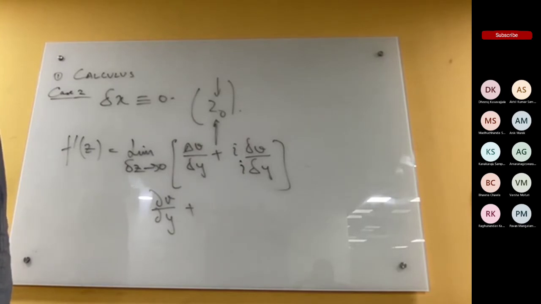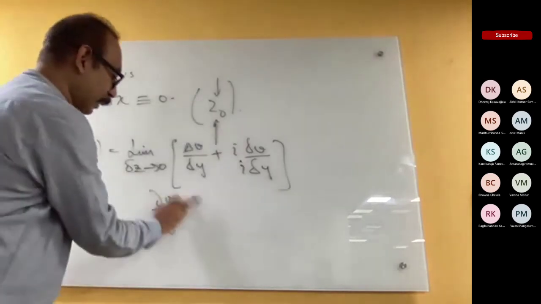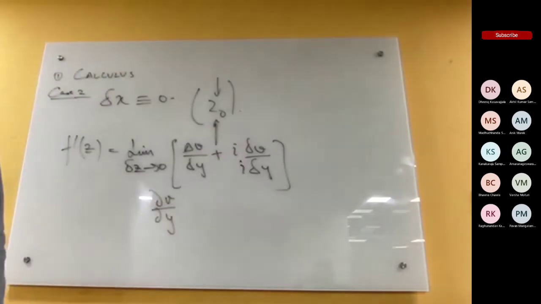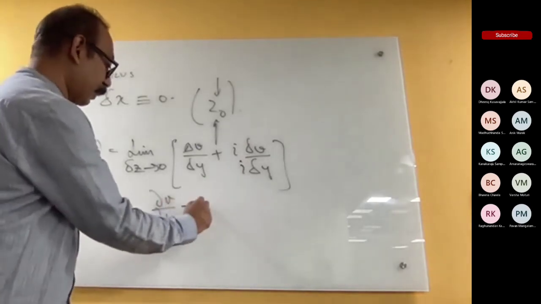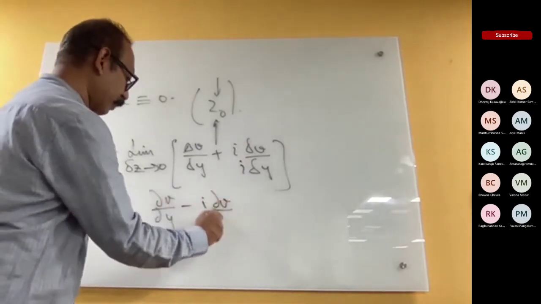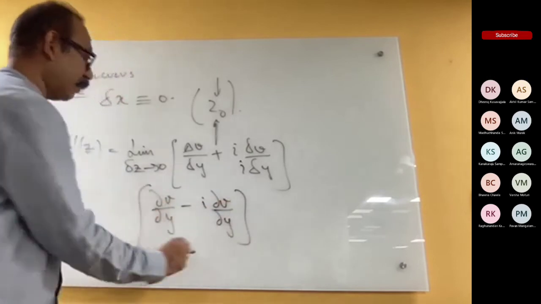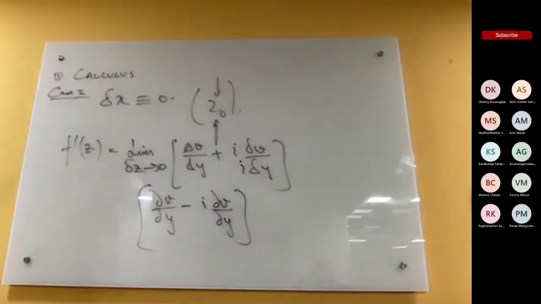So it will be, and then you multiply by i, you will get a minus here. You have to do some small algebraic work here. So you will actually get minus i du by dy. That's what you will get. Here you will get a minus because i squared, you have to multiply on both sides.